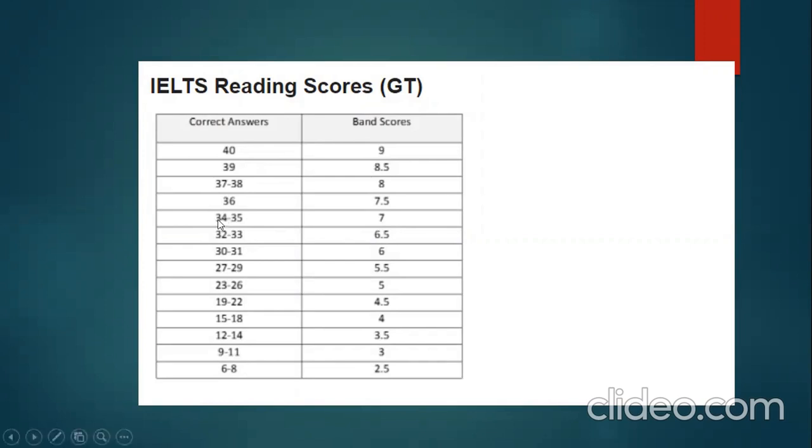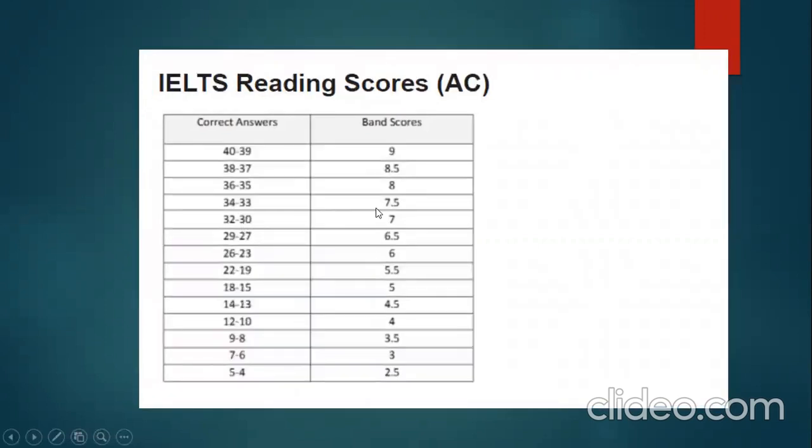That means the window for making mistakes is just 6 questions in the IELTS Reading General Test. Similarly, if you are hoping to get Band 7 and above in academic tests, the number of correct answers that you should be getting is 30 to 32. That means the window for making mistakes is only 10 questions.